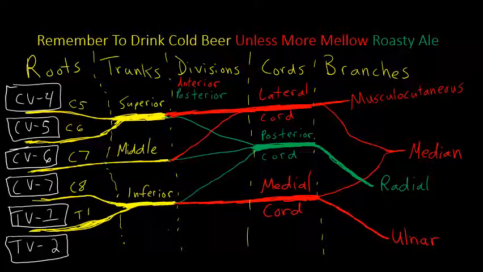For example, extensor carpi radialis and extensor digitorum are both muscles excited by the radial nerve.